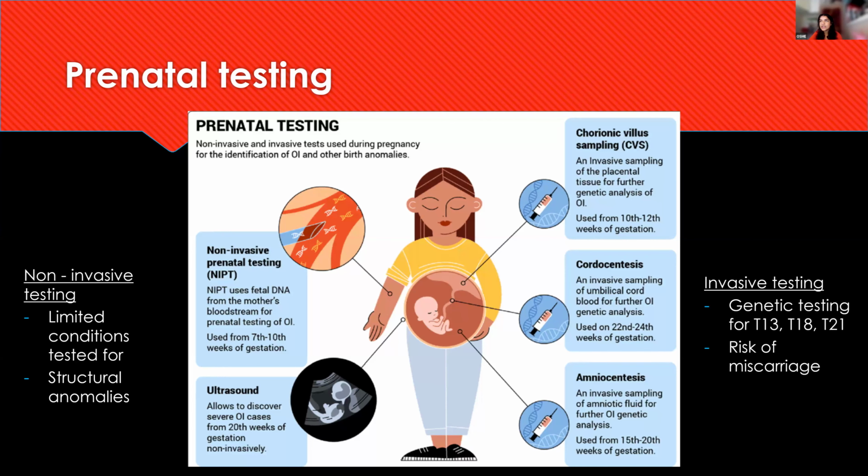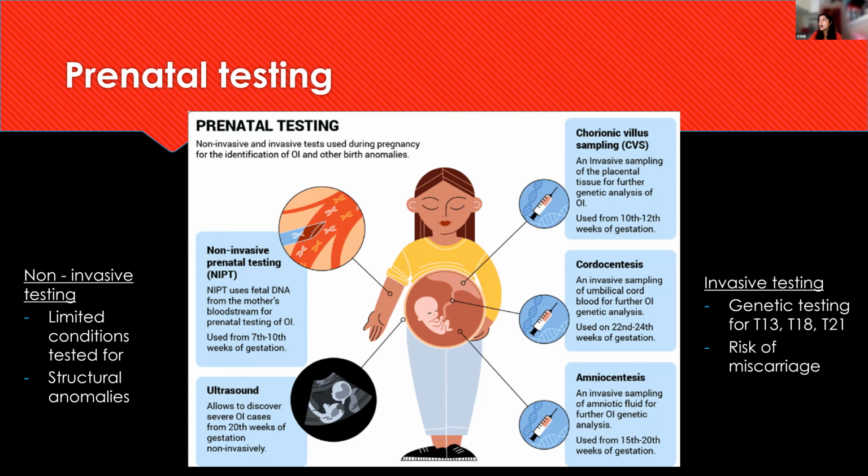So really there are 2 invasive types that are really mentioned in the syllabus, and that's chorionic villus sampling, which actually samples the trophoblast cells. And then you have the amniocentesis, which goes in and takes a little bit of the amniotic fluid and then tests that for any genetic abnormalities.